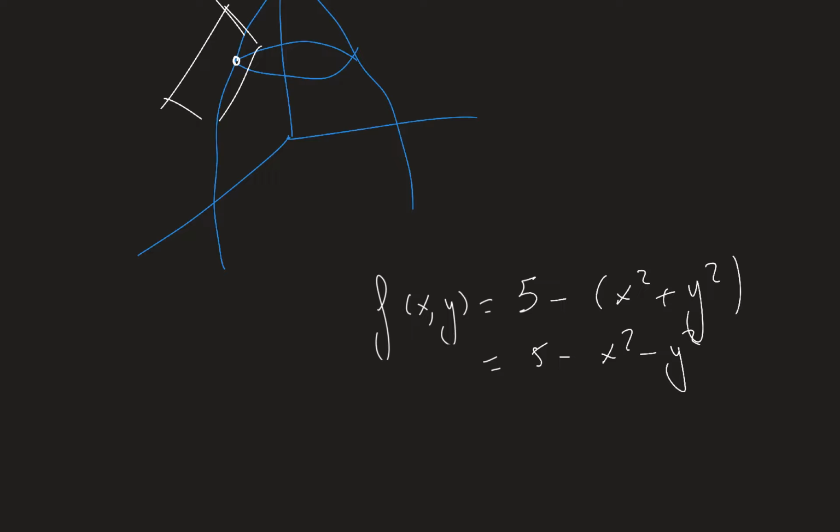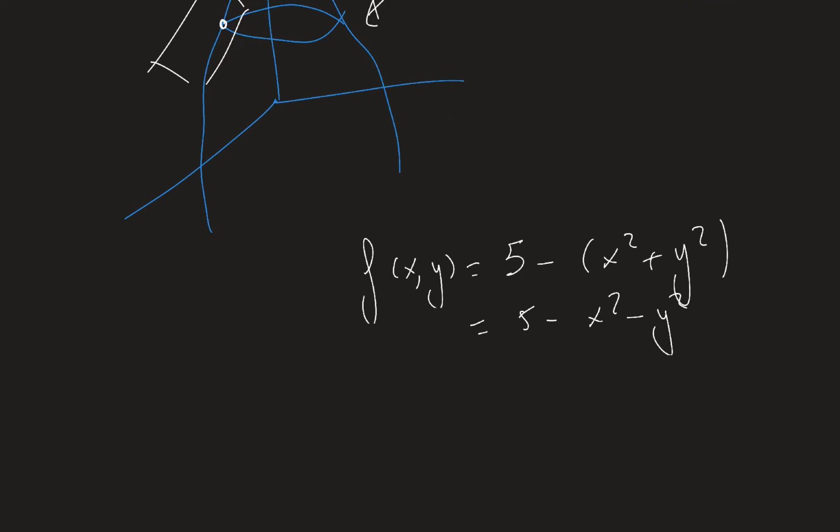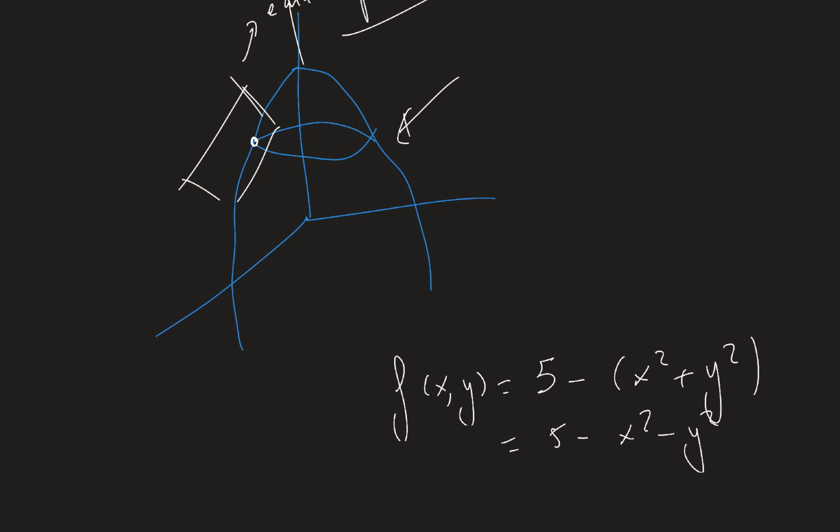Well, given this function f of xy, that is an inverted paraboloid like this one, what is the plane that touches one point of the surface? And the second question is, what is the vector that is perpendicular to the surface?